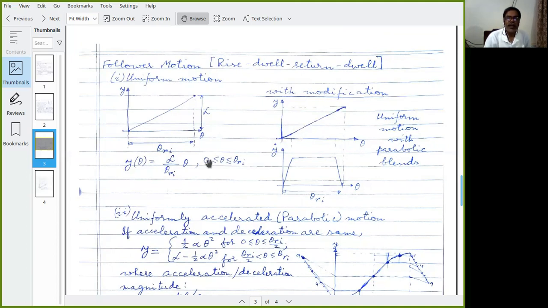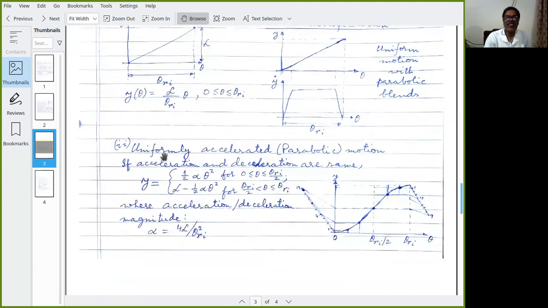Now if we say that till halfway we accelerate it and then start decelerating, that is, if the parabolic blends expand from two ends and just meet smoothly at the center, leaving no space for the uniform motion, then it is uniformly accelerated motion, or completely parabolic.